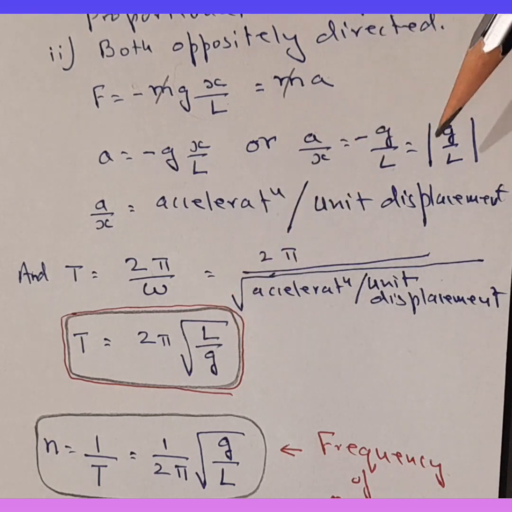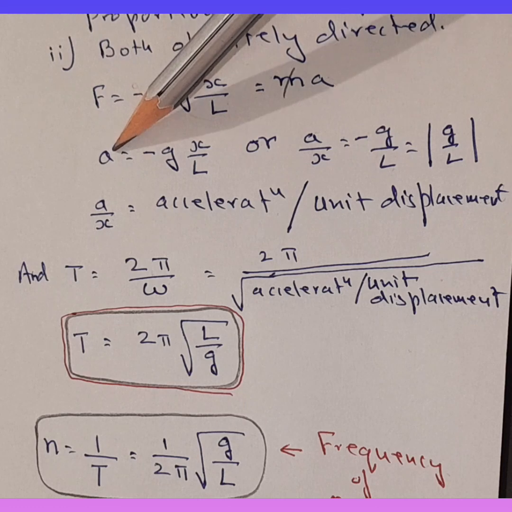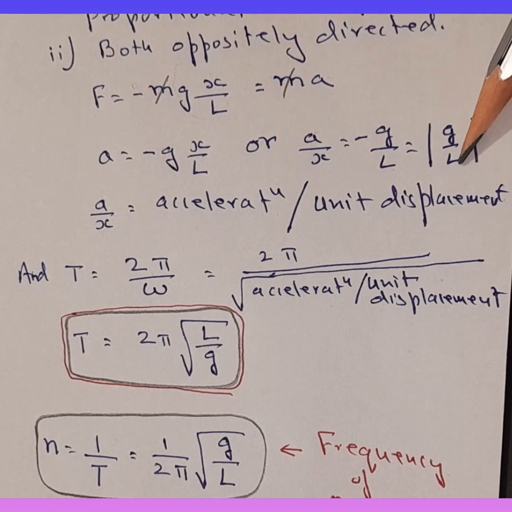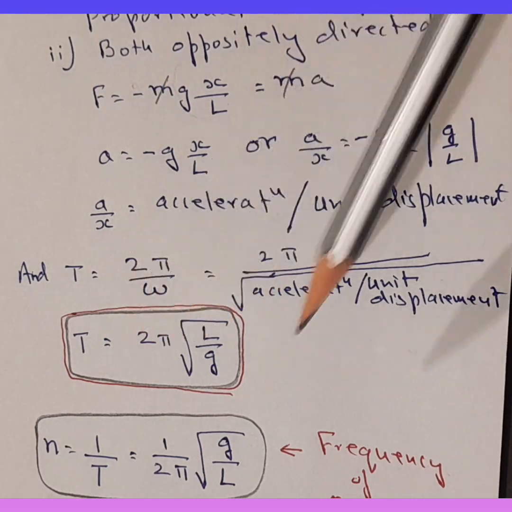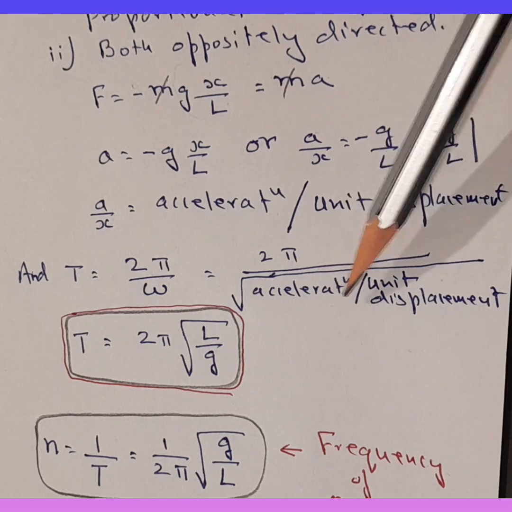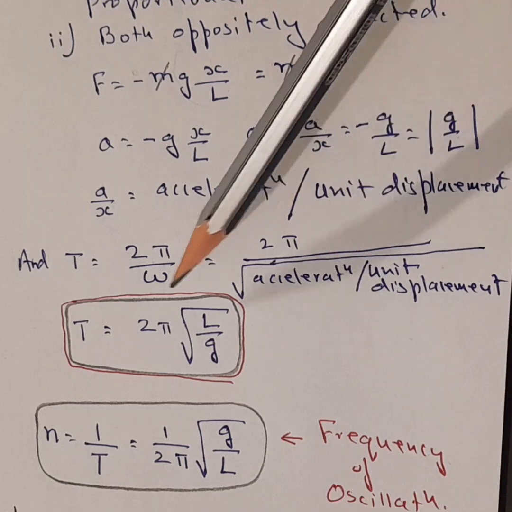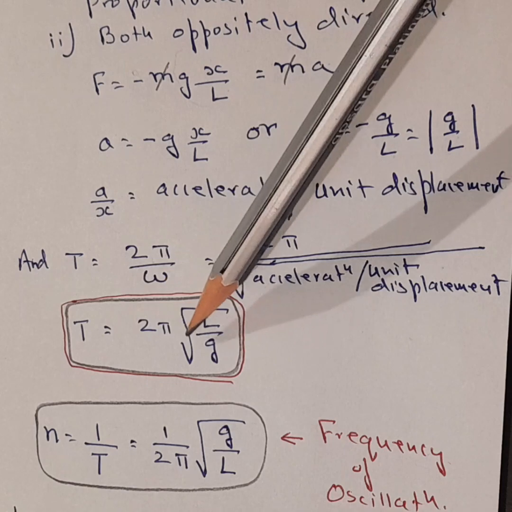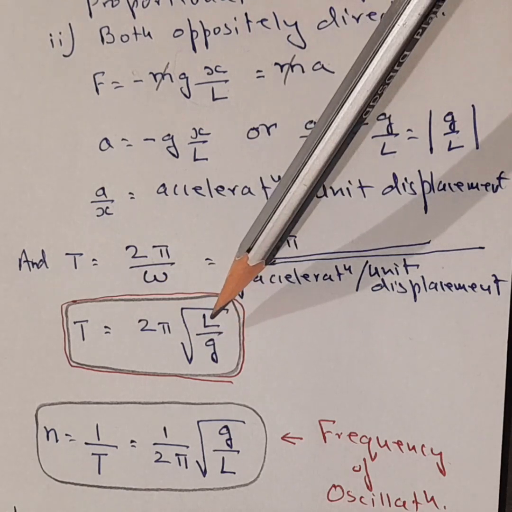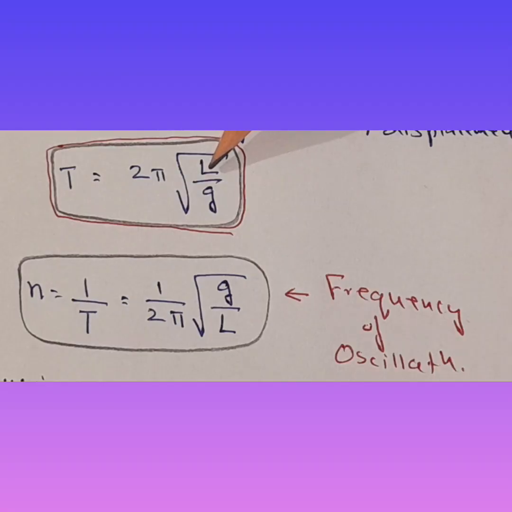Why L over g? We already derived that a over x is g over L, so we put g over L in the denominator. Then T turns out to be 2 pi root of L over g. L is the length of the string of the pendulum, g is acceleration due to gravity, and pi is a constant, 3.142.